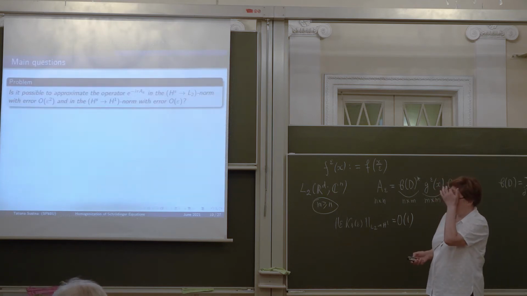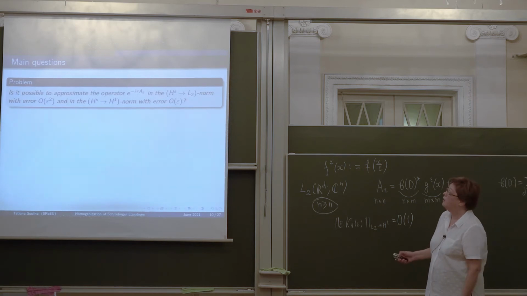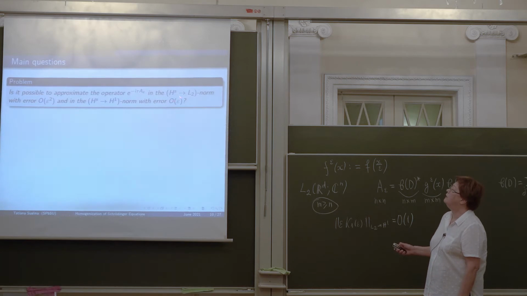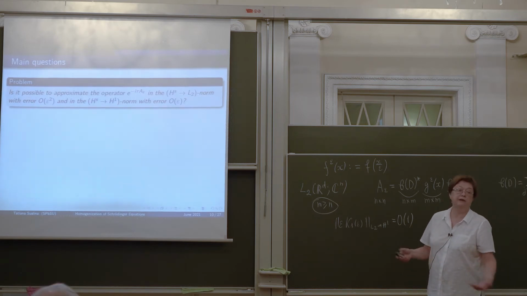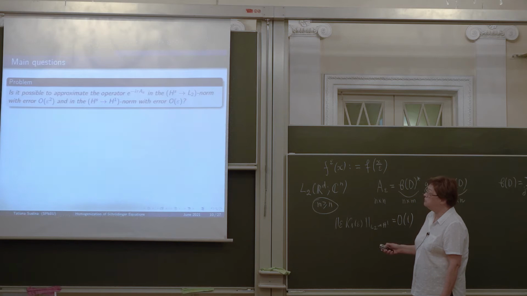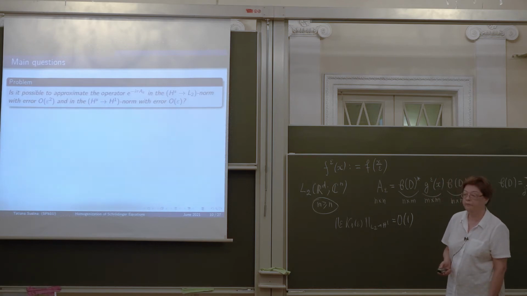So what do we want to study now? We ask the following questions. Is it possible to approximate the separated exponential for A epsilon in the H^s to L2 norm with error of order epsilon squared using some corrector? And is it possible to approximate this exponential in the energy norm from some H^s to H1 with error of order epsilon, also using some corrector?